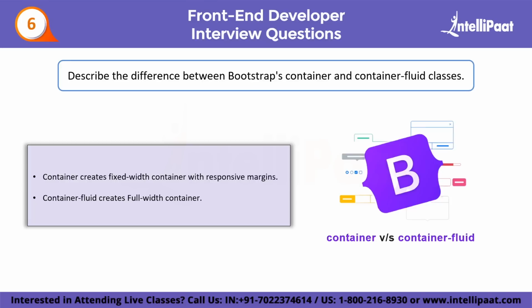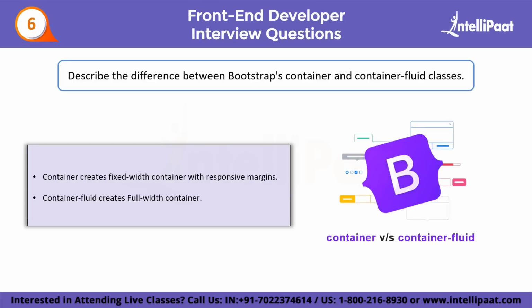The container class is ideal for designs where you want to maintain a consistent content width across various screen sizes. On the other hand, the container-fluid class creates a full-width container that spans the entire viewport width. It adjusts its width based on the user's screen size, ensuring that the content stretches to fill the entire available space.